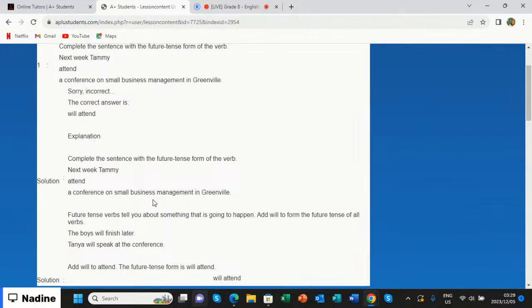It's something that someone is doing now. So in the present tense, it shows things that are happening now. In the past tense, it shows things that happened already or had happened, and that's in the past.